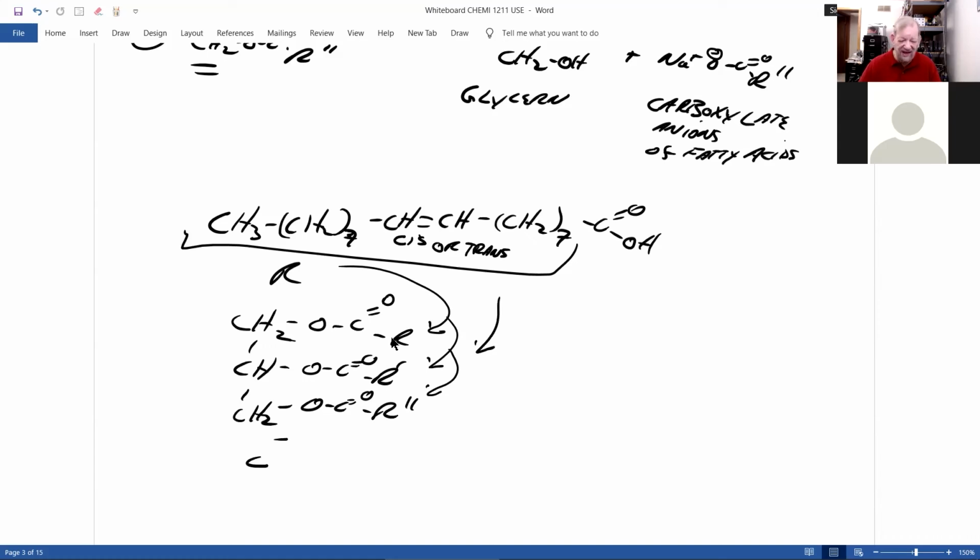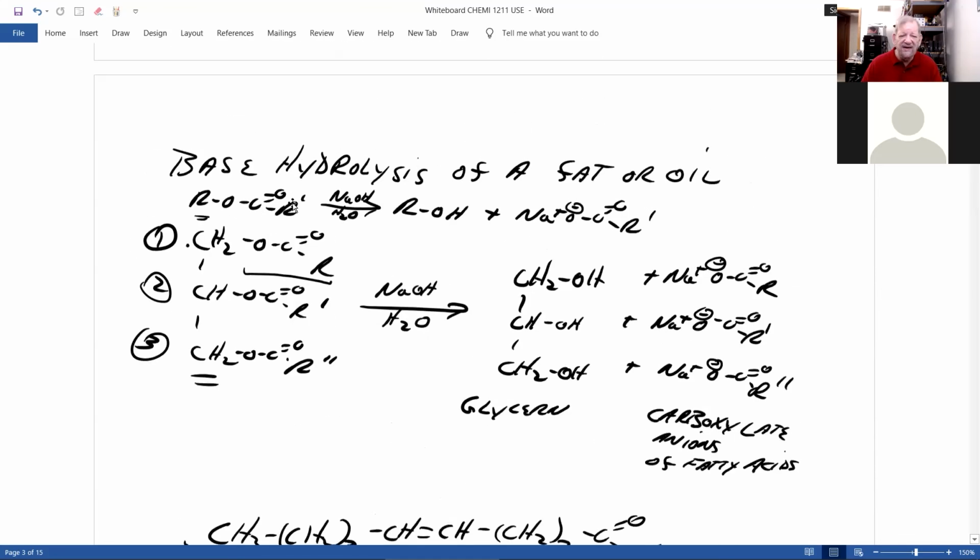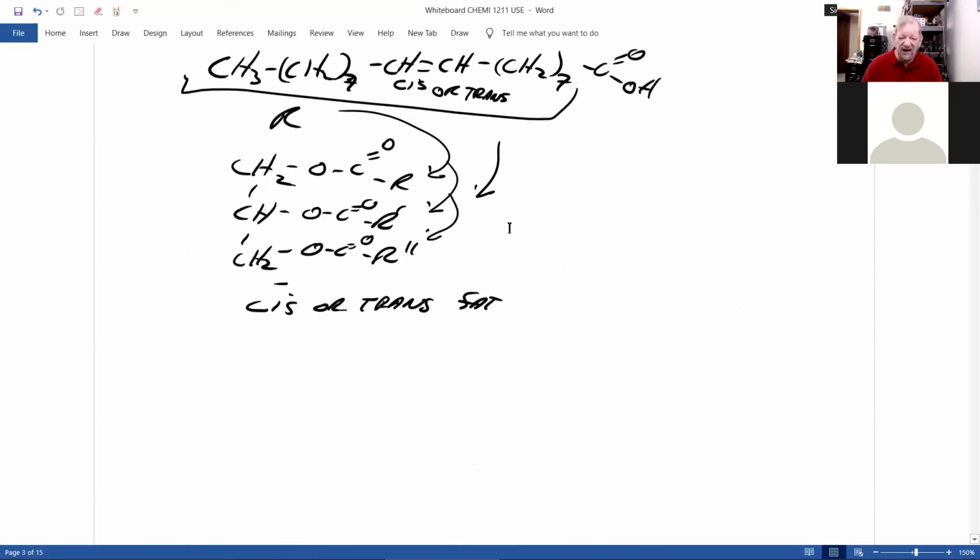So that's how they get the name cis or trans fat, or oil too, but usually, and that's because of this double bond in the R group: are the hydrogens on the same side, or on the other side, the opposite side of the plane of the double bond.